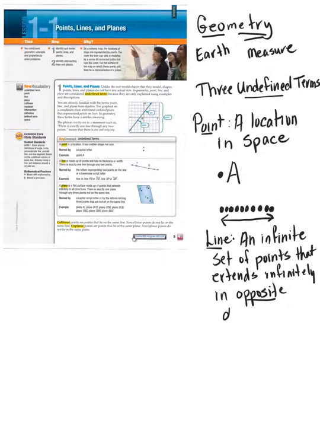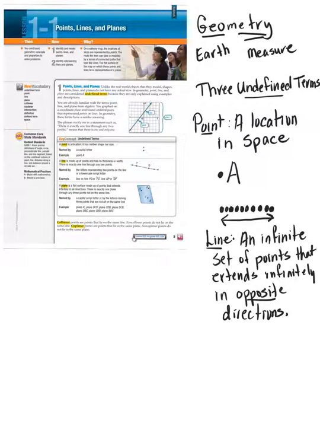The word opposite is critical, because if I said in two directions, that would not mean that I would necessarily form a line. A line has one dimension, it has length, but it has no thickness.